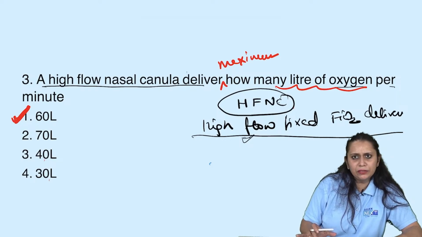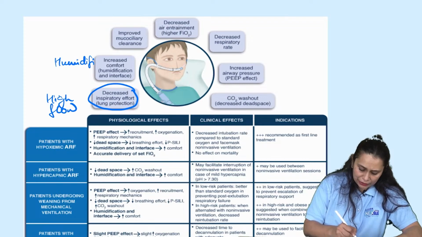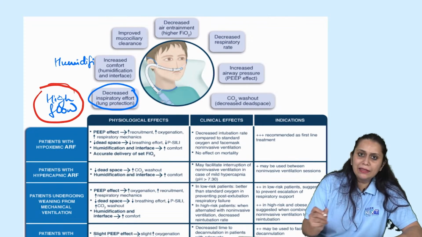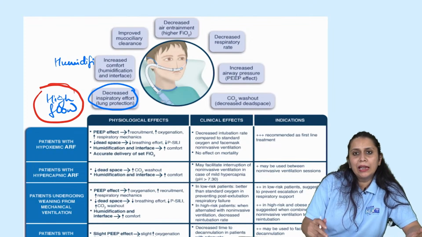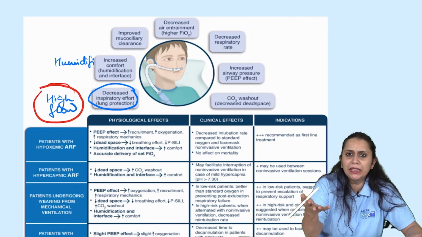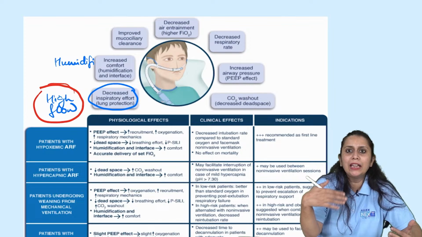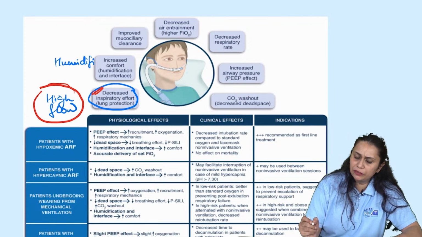So what is the benefit of this HFNC, high flow nasal cannula? Now high flow nasal cannula can give high flow, and if the patient is requiring a high flow because of increased inspiratory effort, the contribution of flow will decrease the patient's effort and make breathing easier. So it will decrease the inspiratory effort of the patient.